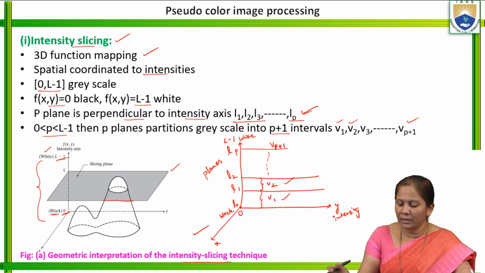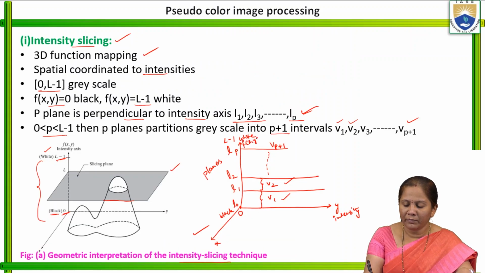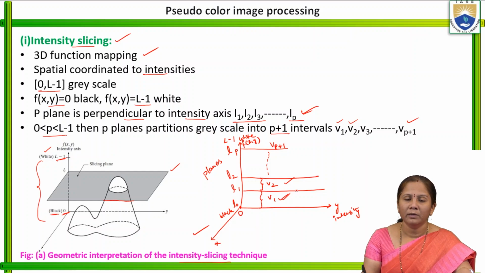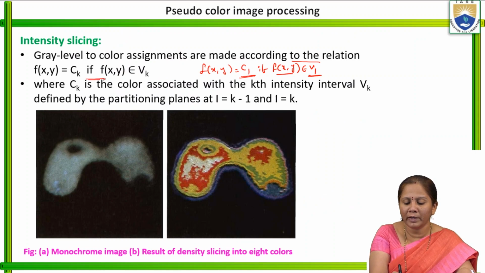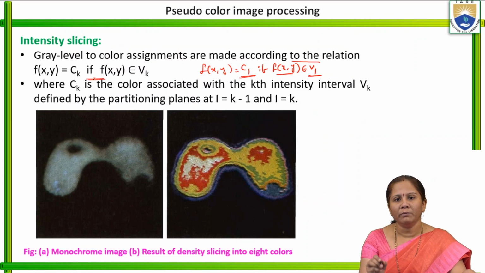In this figure we can observe that if f of x comma y is within this value v1, then c1 color will be allotted. Similarly, if f of x comma y, that is the image, belongs to the value V2, then C2 color will be allotted.